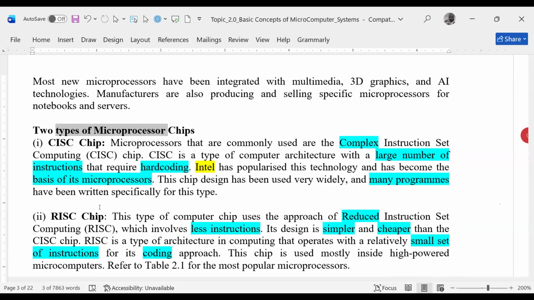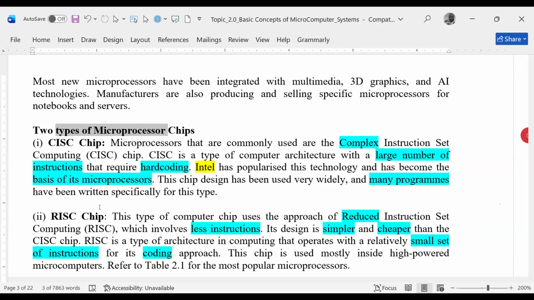The CISC, complex instruction set computing, is a type of computer architecture, and this involves a large number of instructions before something is executed, and is normally classified as hard coding. So this type of computing architecture involves a large number of instructions before something can be executed.